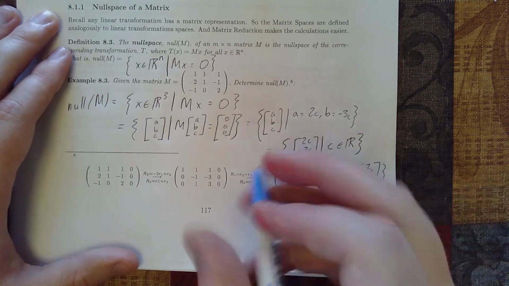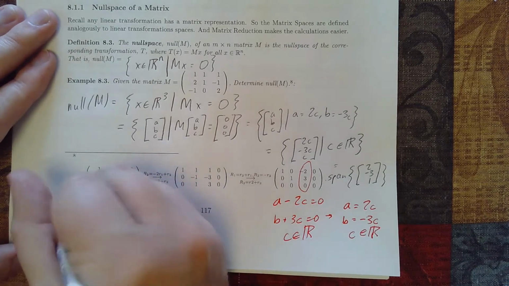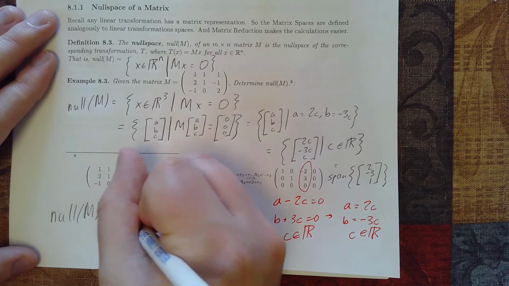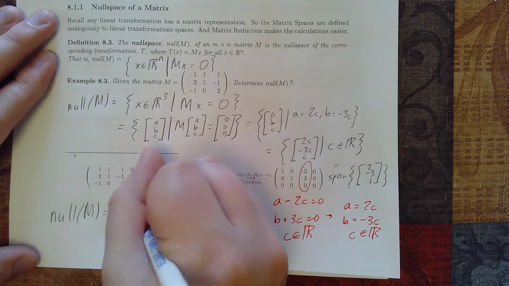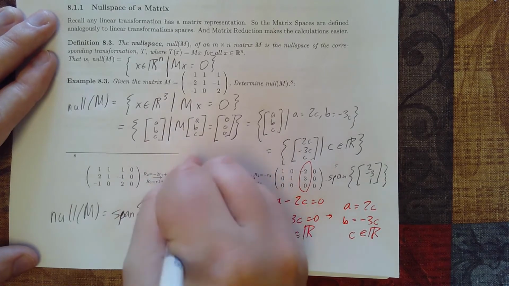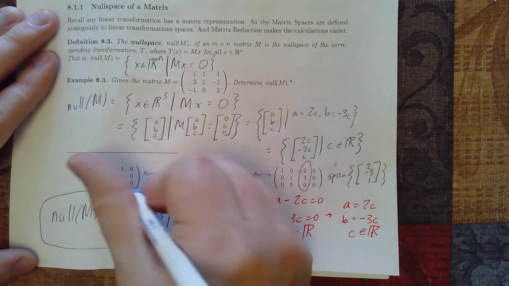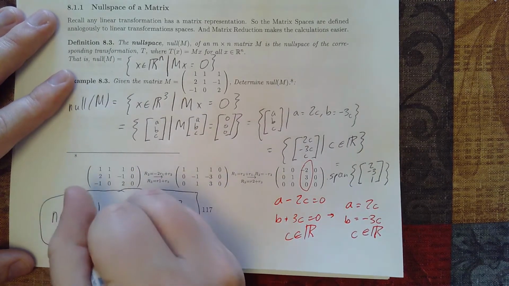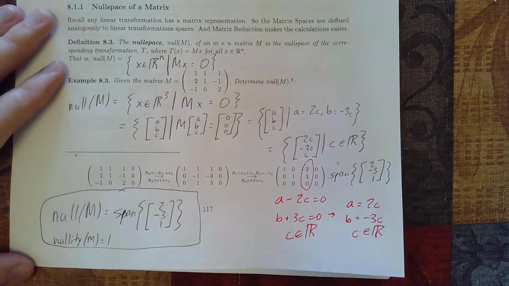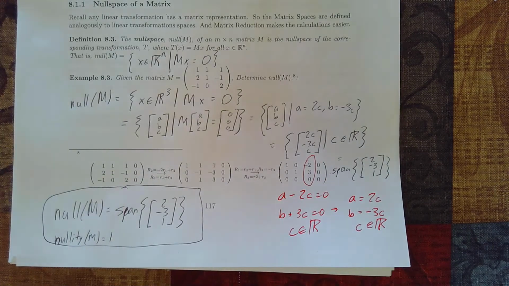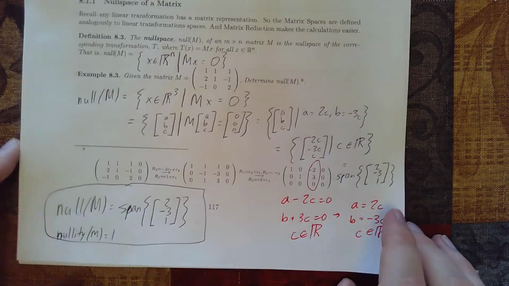And so the null space for M, write it down here, is just the span of this vector, 2, negative 3, 1. And so here, if we were asked the nullity of this matrix, it is going to be 1, because we have one linearly independent vector there in our basis. Okay, so that's going to be our idea for null space.